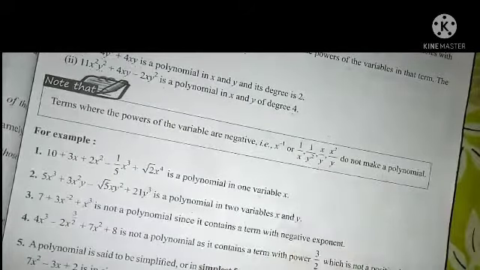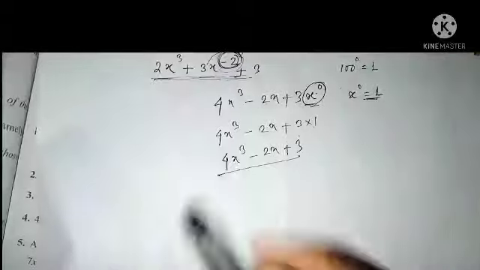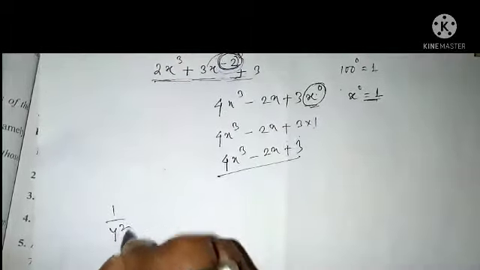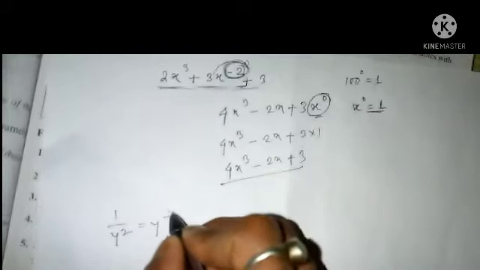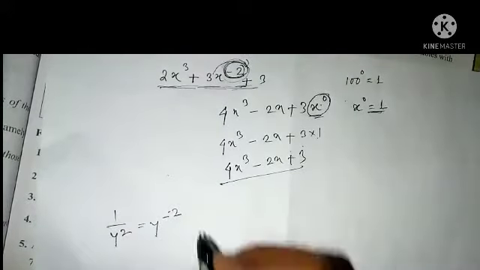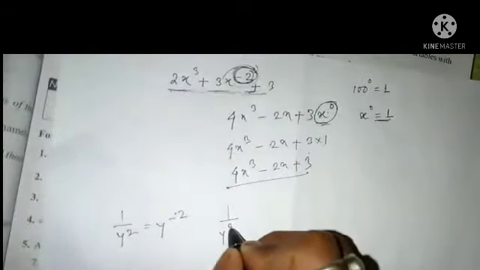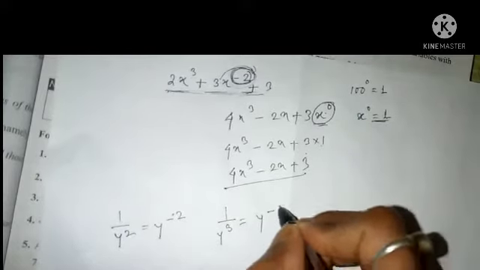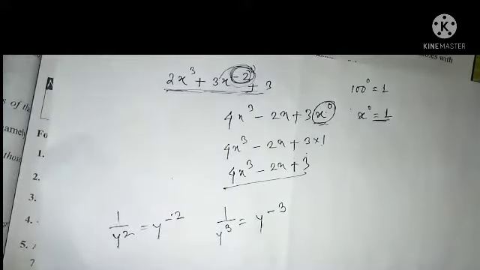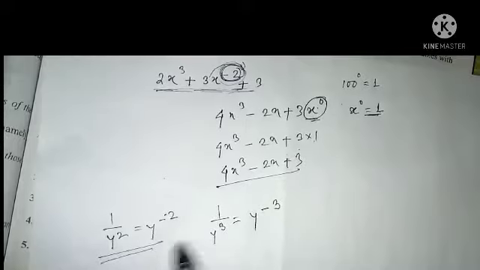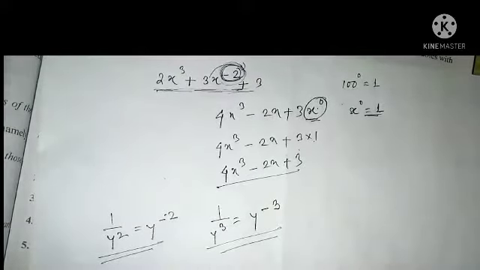Now if I have 1 by y square, I can write it as y negative power 2. Or if I have 1 by y cube, I can write y negative power 3. Actually we have learned all these things in our previous class in the chapter on exponents.